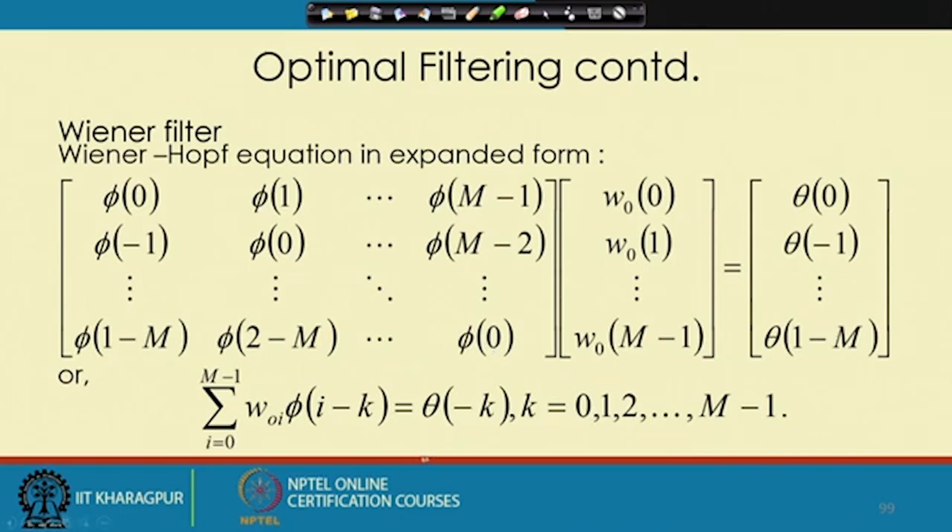If we take the transpose, it will not make any change. The same thing can be written as a set of linear equations. Both have the same amount of information, and this is the way we can express the Wiener filter or the optimal filter. Thank you.